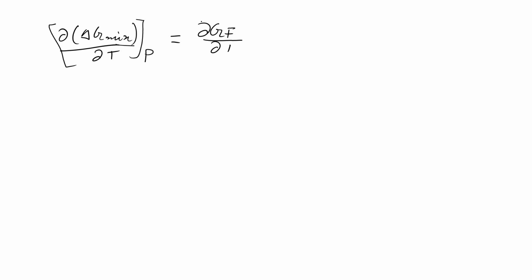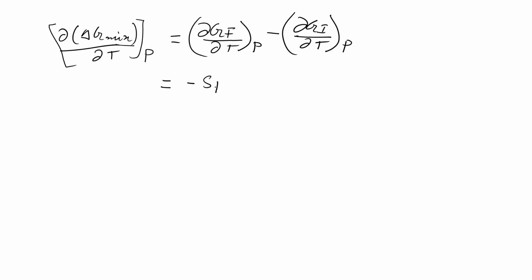So, once again, dol of delta G mixing by dol T at constant pressure equals dol Gf by dol T minus dol Gi by dol T, which is minus SF, the entropy in the final state, minus of minus Si.